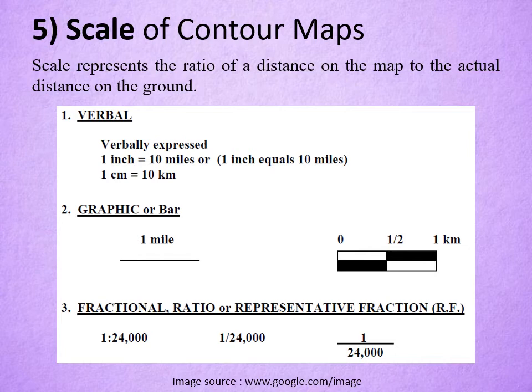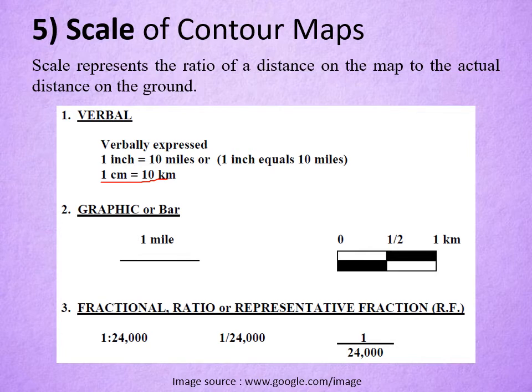The first type is verbal scale. Here, the actual ground distance is compared or equated to a smaller dimension and represented on the map. Say for example, we are verbally saying that 1 centimeter is equal to 10 kilometer.